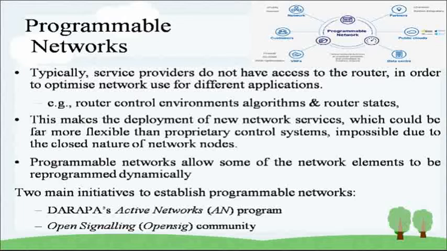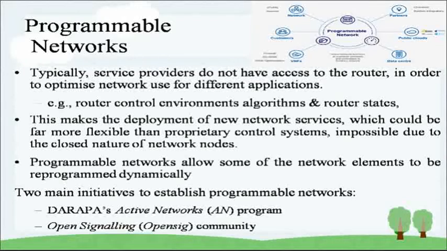Now the problem with this is that complexity increases and there is an increasing risk of instability and of malicious code taking control of core network elements. Even though this is a problem, this approach is still beneficial. There are two main initiatives taken to establish programmable networks. The first one is DARPA's Active Networks program, and the second is the Open Signaling community, OpenSig.